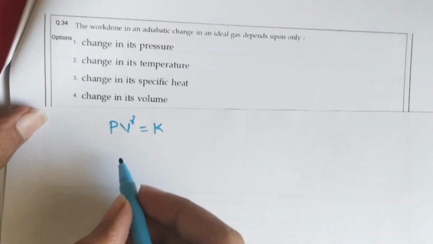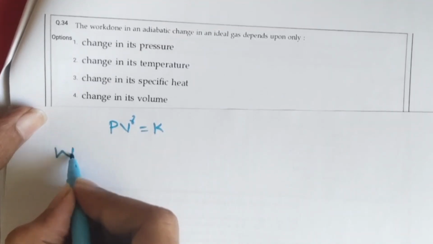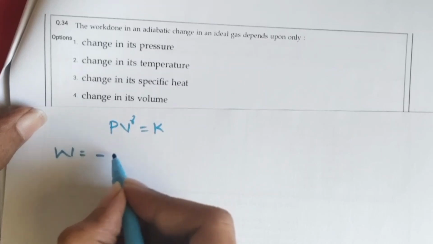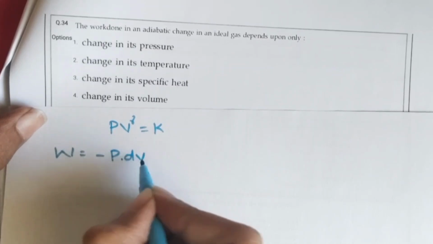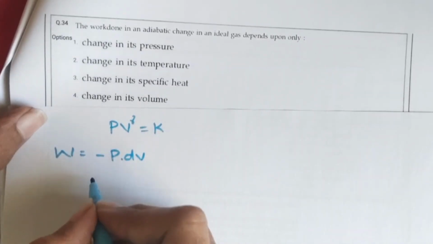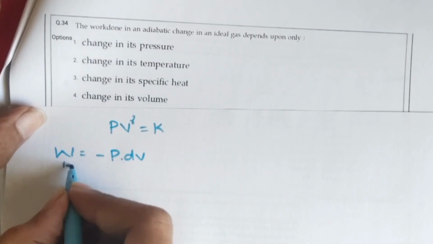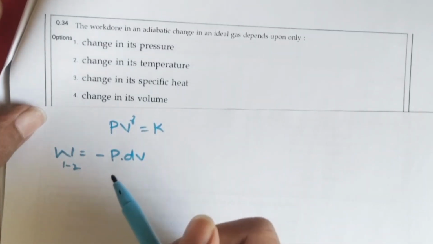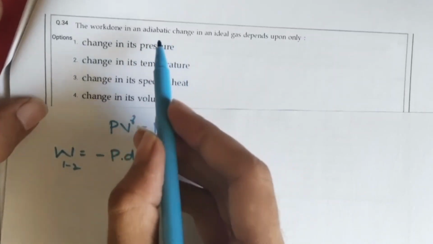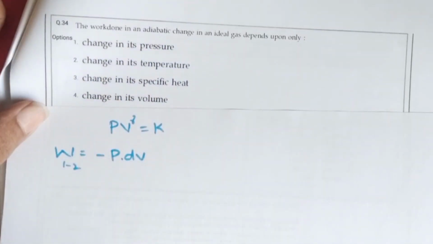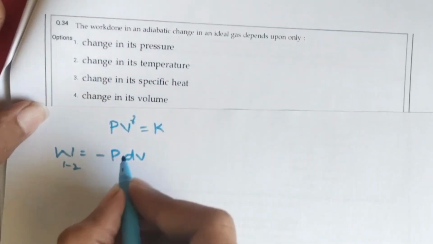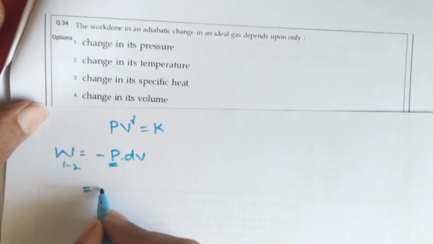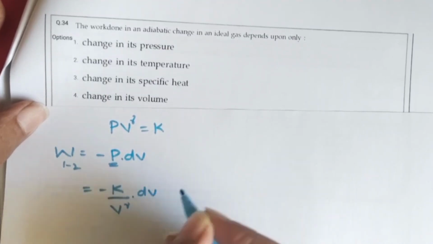So we also knew the formula for work done, that is minus P dV from 1 to 2, because it is a path function. So work done in adiabatic change in an ideal gas, I can write this P as K upon V gamma, with dV.